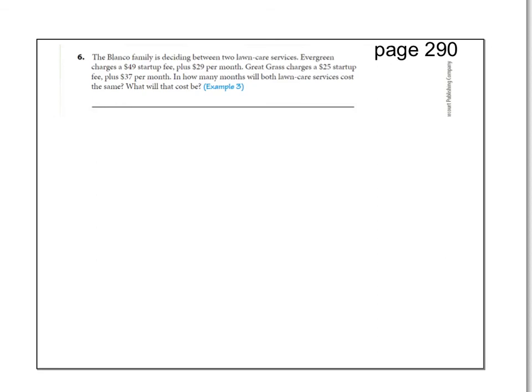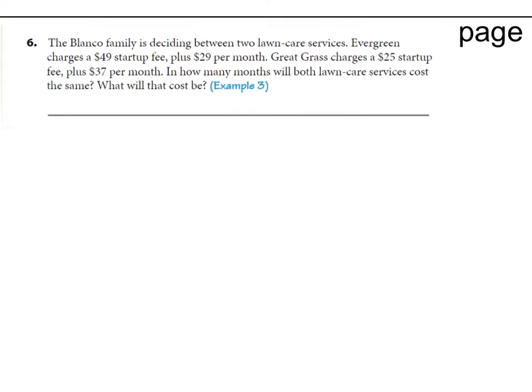So here we have 2 lawn care services, and they're trying to figure out which one will end up being the better deal. The first lawn care is a $49 startup plus $29 every month.